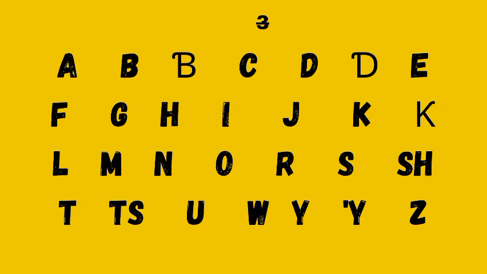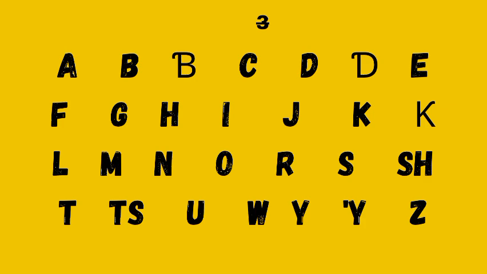We have two Y's in Hausa. The first one is pronounced as Ya, while the second one that has an apostrophe at the back is pronounced as Ya. Z is pronounced as Za.